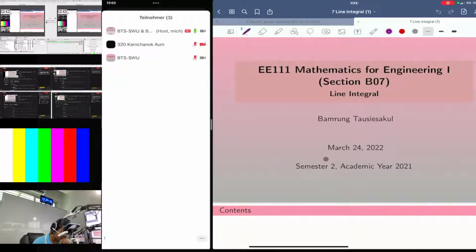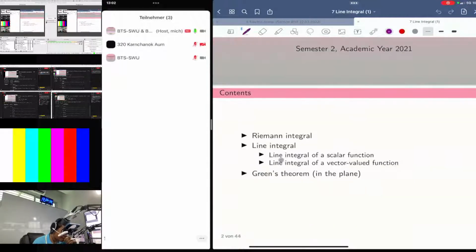First, we are going to review the typical type of integral that you may have seen in the previous chapter, and that's the Riemann integral, the conventional way of integration. Then we will start with the topic in this chapter, which is known as the line integral.